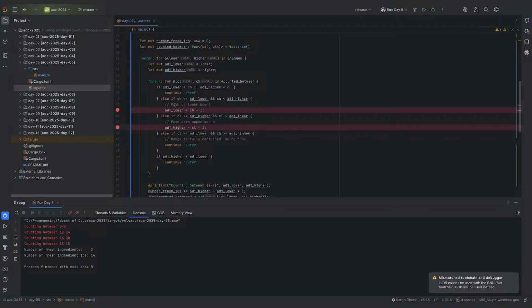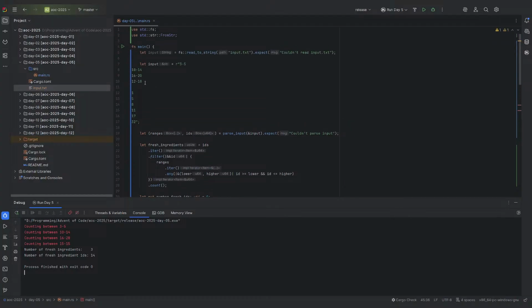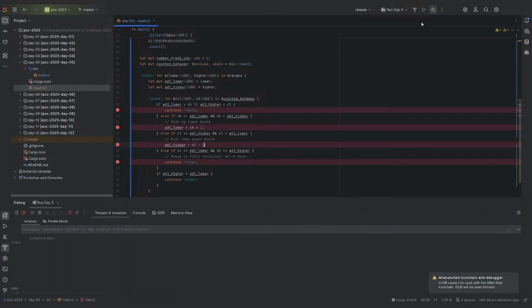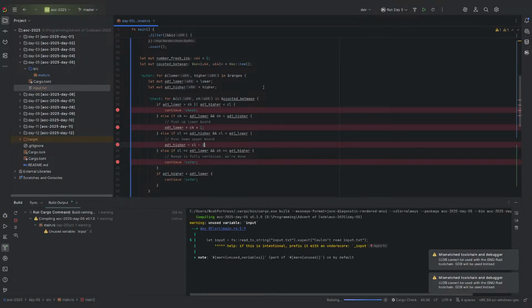Neither of these are triggered here. That shouldn't be right. Probably because I'm building release. That doesn't help, does it?